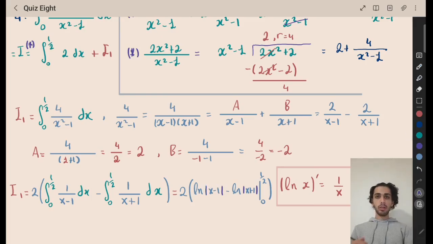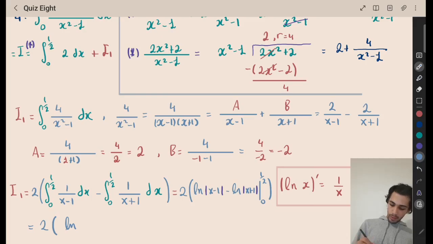Now again, the integral itself is not the focus of this tutorial. And so we just give it out now, and then if we plug in the values, we get twice of ln of half minus 1, that is minus half.